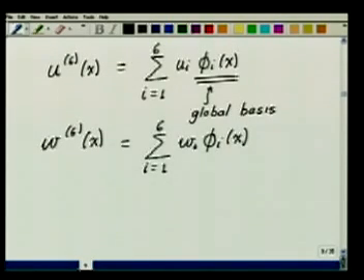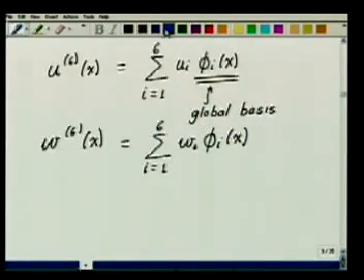When in the weak formulation or in our weighted residual formulation, we use w to have the same representation as u, that is, represented in terms of the same basis functions, then that formulation is called the Galerkin formulation.